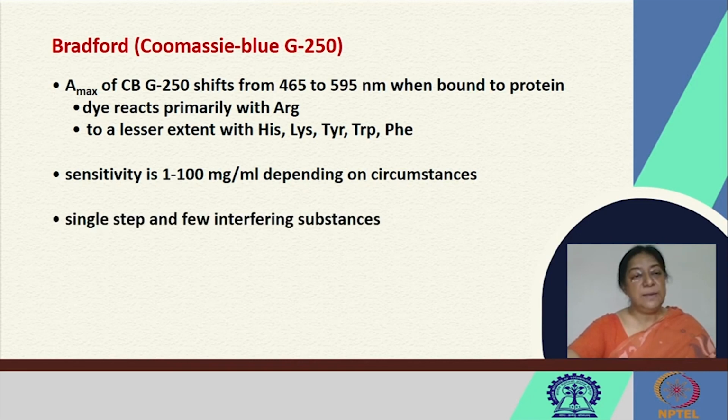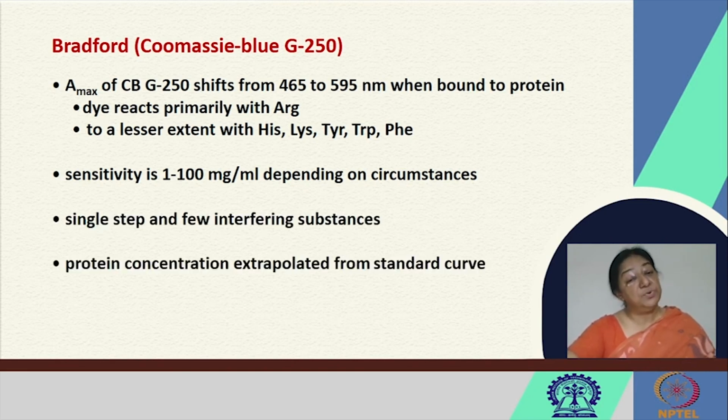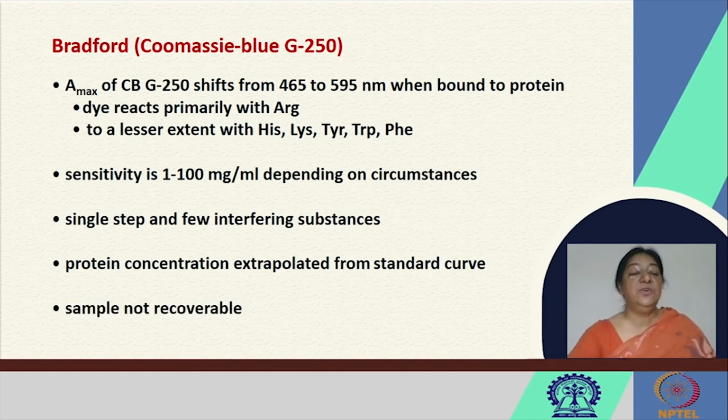It is a single step, with less interfering substances, but we cannot recover the protein. We can then find the protein concentration from the standard curve, but we cannot recover the protein. So this is usually checked by a drop to see whether the proteins are being eluted from the column.